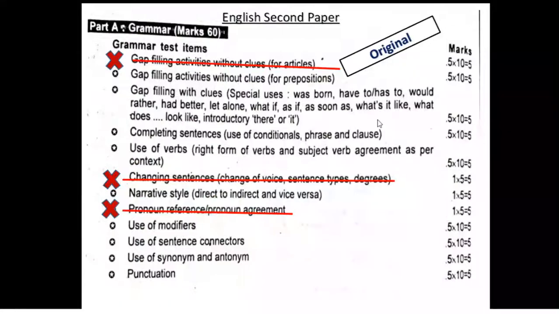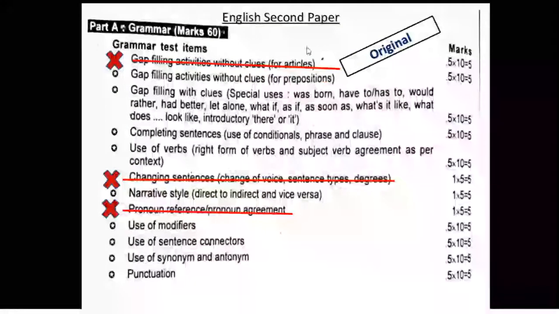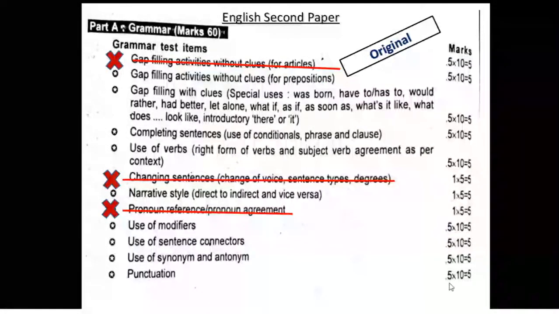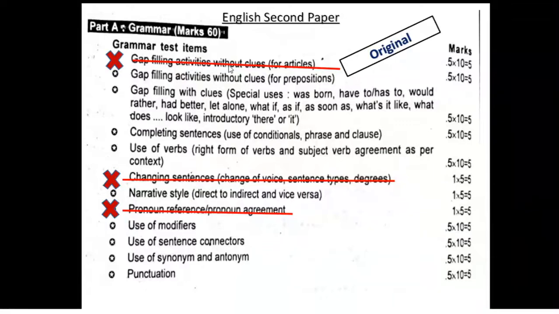In the grammatical part, in the original syllabus there were 12 items, and 3 items have been excluded, and these 3 items are gap filling activities without clues for articles, changing sentences, that is change of voice, sentence types, that is simple, complex, compound, then degree, positive, comparative, superlative, interchange of degrees, and change of voice.